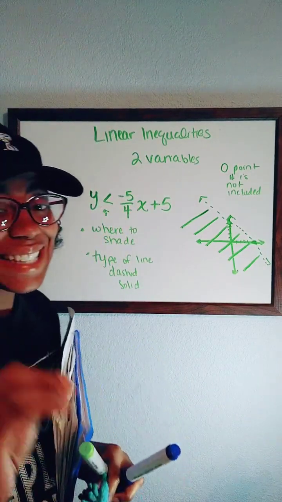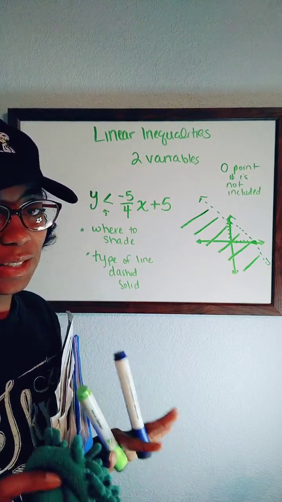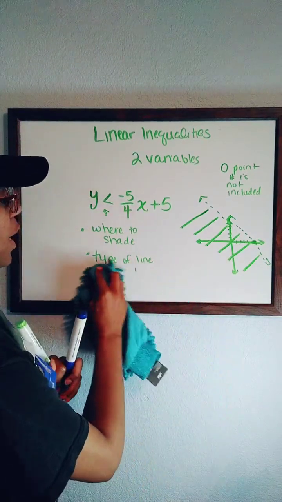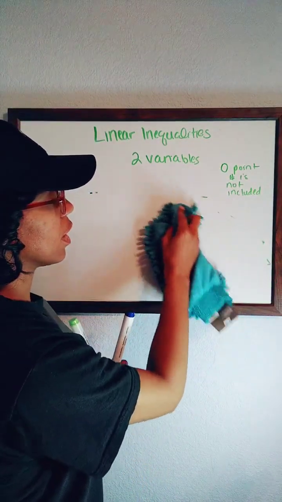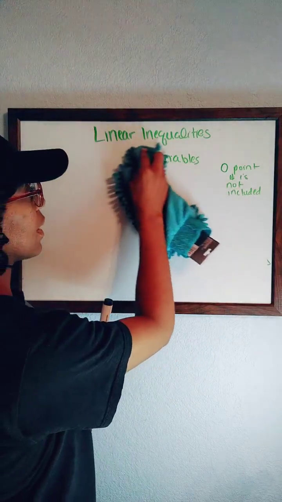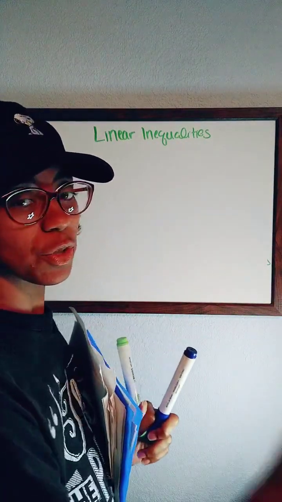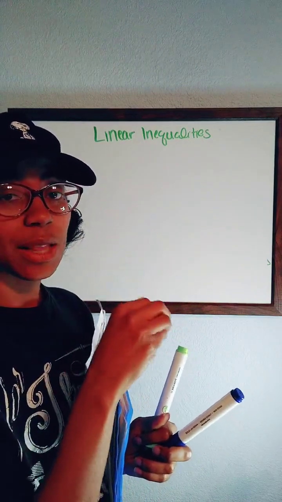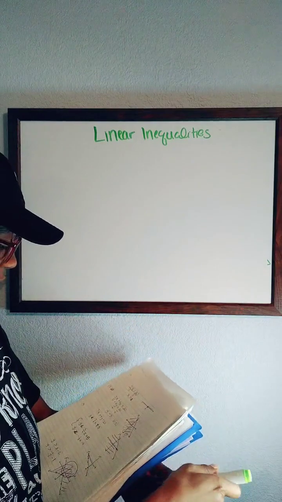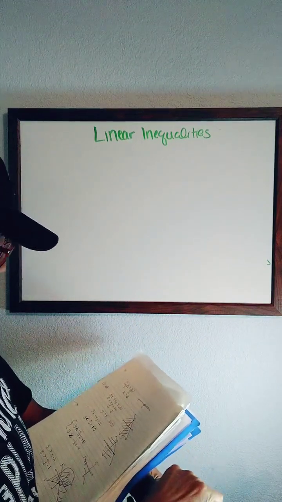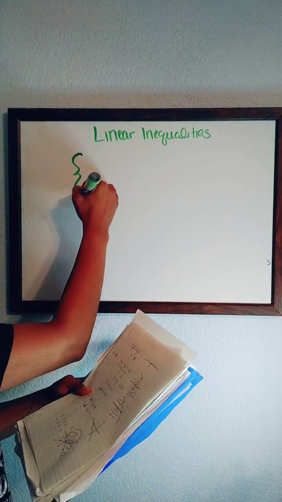Now let's talk about a system of linear inequalities. What happens whenever I have two equations that I need to show the answer for? And whoever's doing regular linear inequalities is on my YouTube. I'm going to give you two equations now that you need to graph. So check this out. We have a system of linear inequalities.